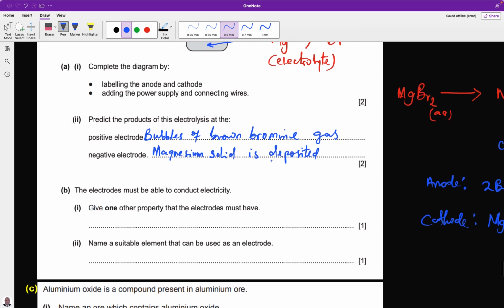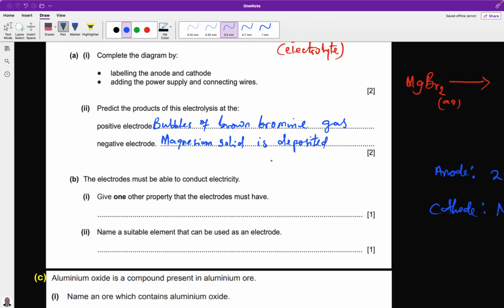Now, B part of it: the electrode must be able to conduct electricity. Give one other property that the electrode must have.